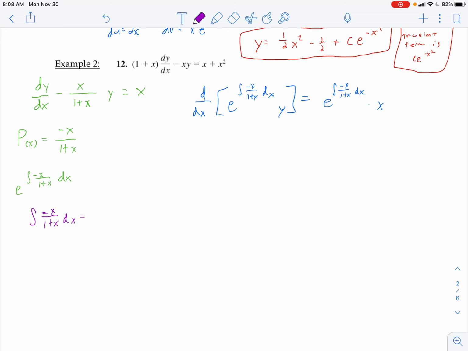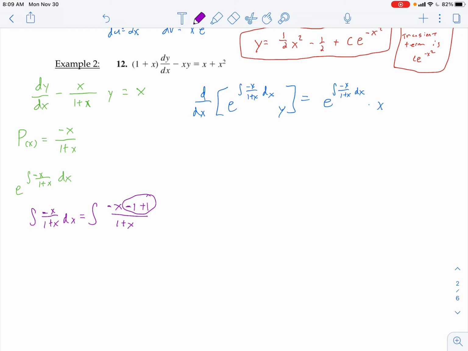Looking at that, I notice the order on the top is the same order as the bottom, meaning it's x to the first, x to the first. So I'm going to introduce a 1 and then also put in a negative 1. So I'm going to have negative x minus 1 plus 1 all over 1 plus x.